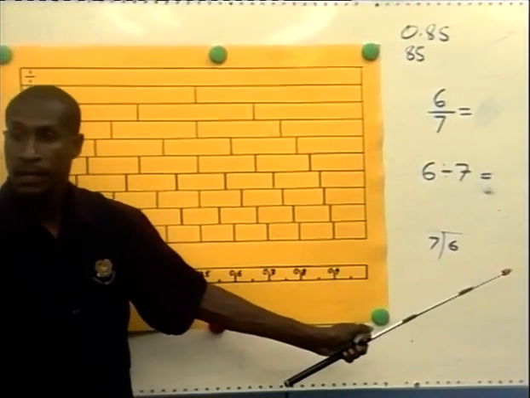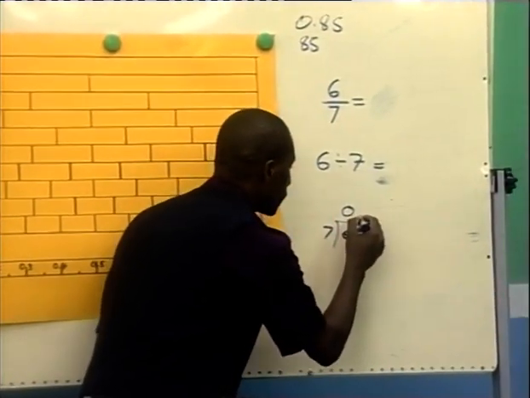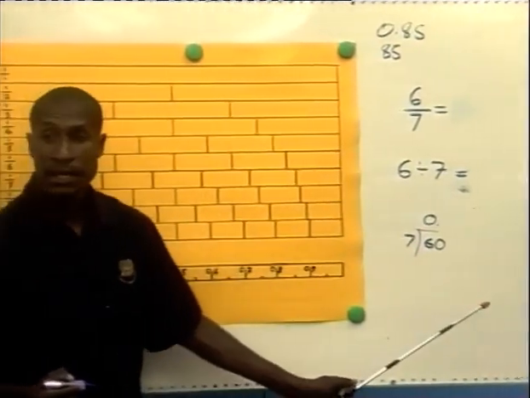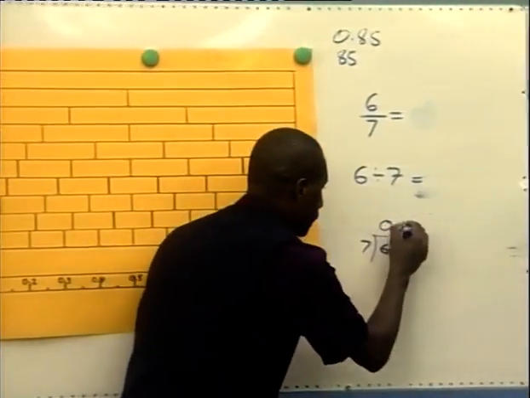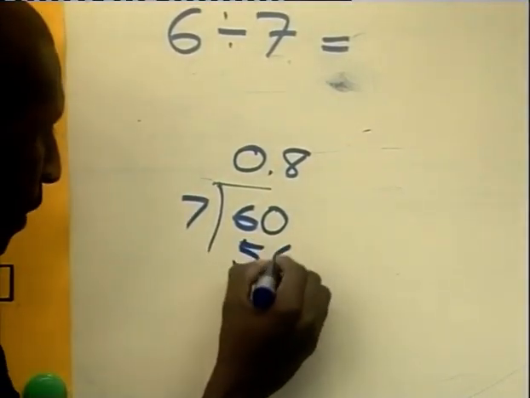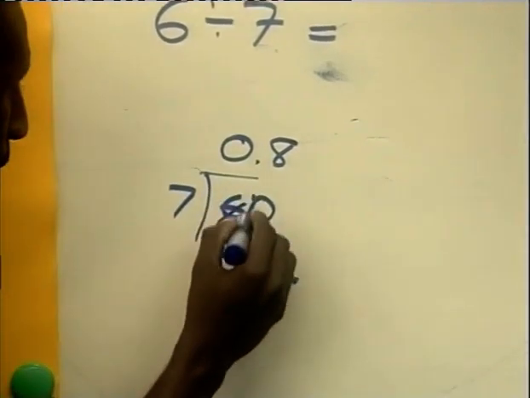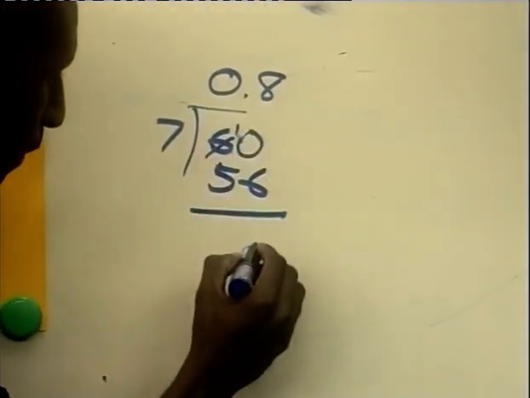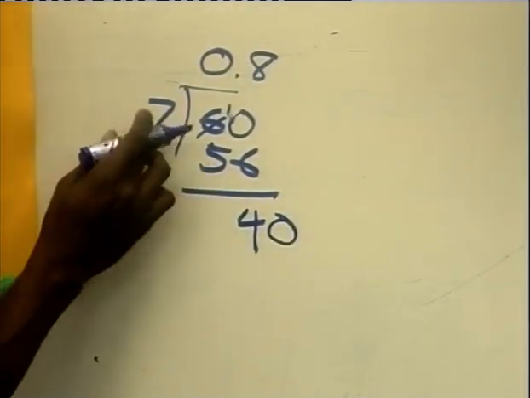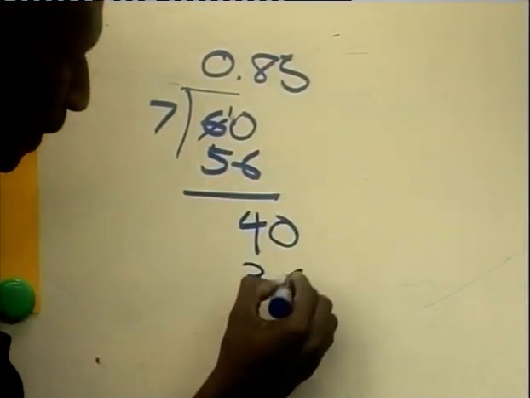Seven into 6 cannot, so we add 0 and put a decimal point and add 0. 7 into 60? 8. 8 times 7? 56. How many remainders? We have 4 remainders. 7 cannot go into 4, so we add 0. 7 into 40? 5. 35.